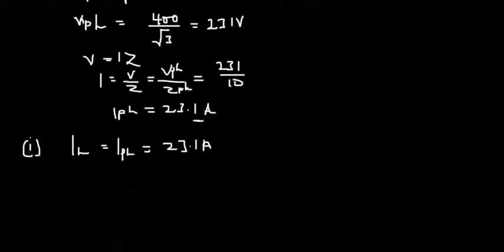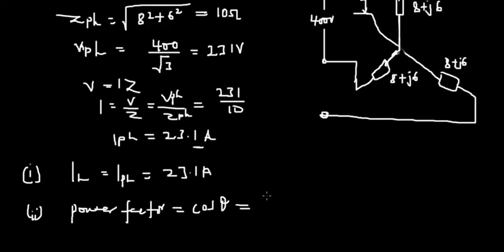Now let's move on to the power factor. Let's see how we calculate the power factor. You know that power factor is the same as cos theta. So our power factor, which is equal to cos theta, is also the same as the resistance divided by the impedance.